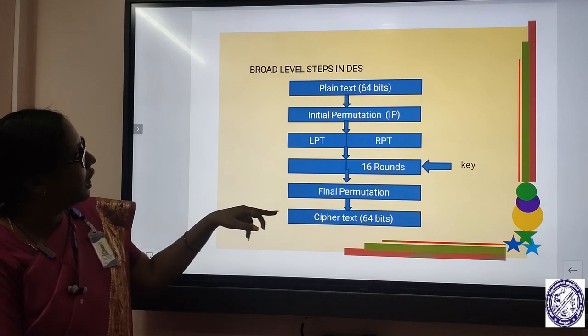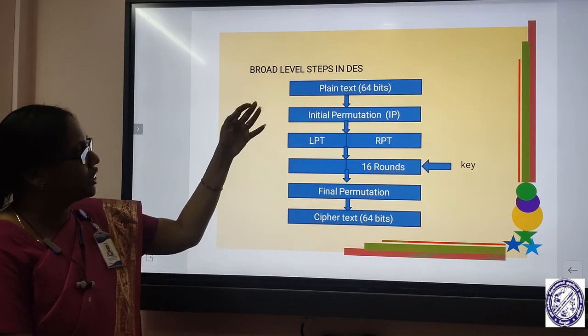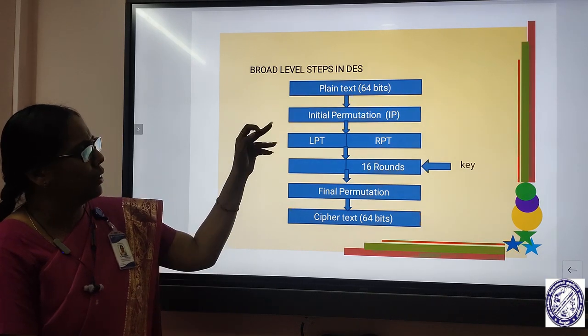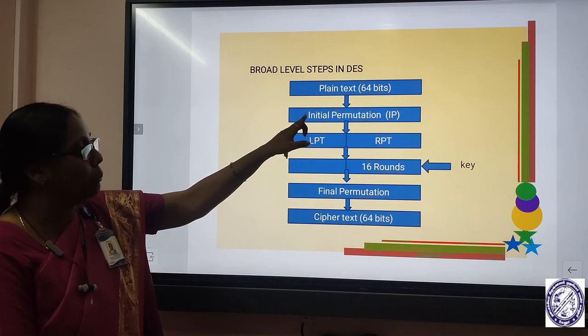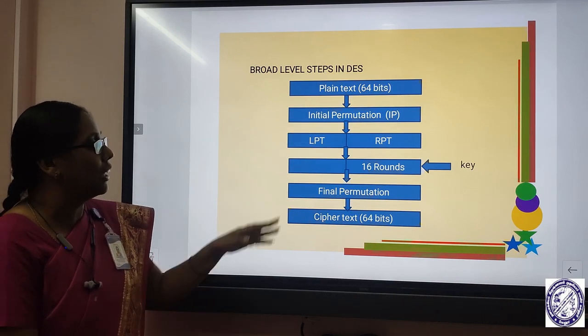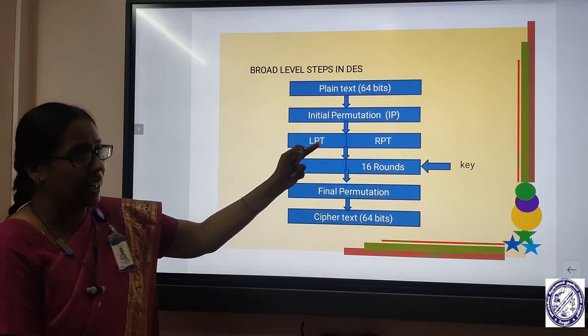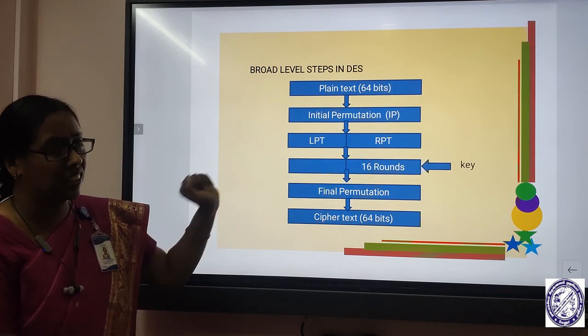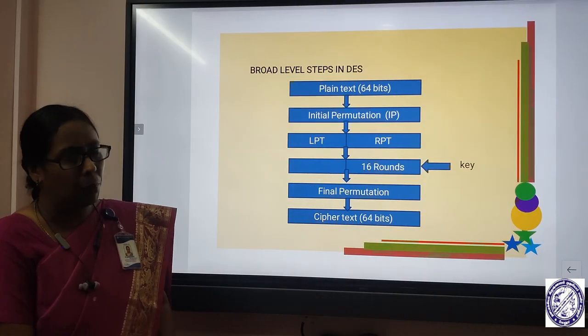This is the DES process. First, the plain text is 64 bits, which is given to the IP. IP is nothing but initial permutation, and then it is separated into two halves. One is LPT and another one is RPT. LPT is nothing but left plain text and RPT is nothing but right plain text.